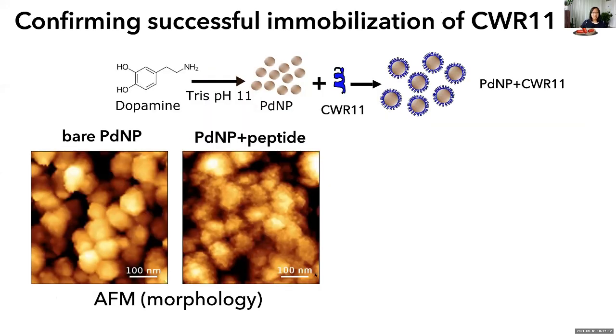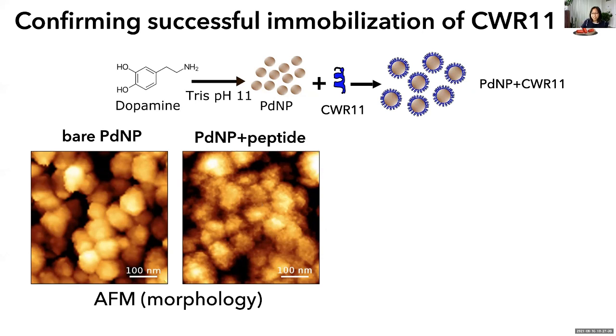Here I am showing you once again AFM images of the bare nanoparticle to your left, and in the presence of the peptide to your right. I am not sure how easy it is to see from your screen, but if you look closer, you could see some nanoscale protrusions in the presence of the peptide. We've done some analysis on this, and we did see an increase of about 5 nanometer in the diameter of this nanoparticle in the presence of peptide.